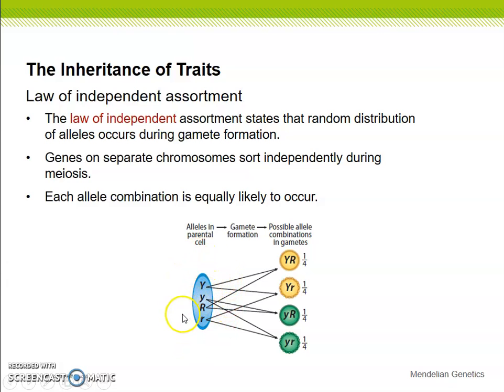But it's also equally likely that I'm going to have a green and round, a green and wrinkled, or a yellow and wrinkled. There is a 1 in 4 chance of getting every single one of those combinations.